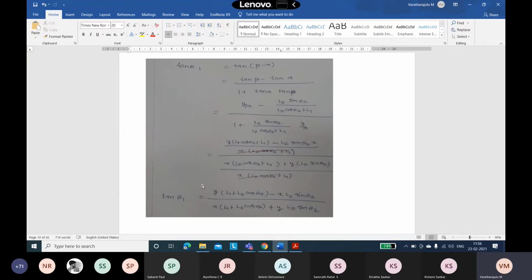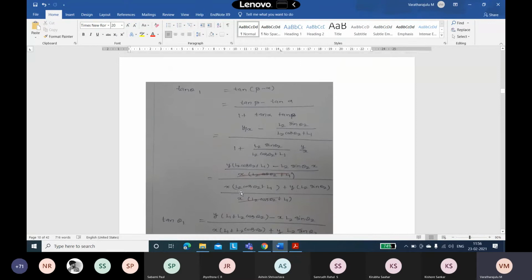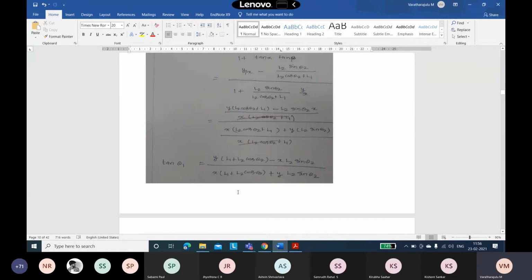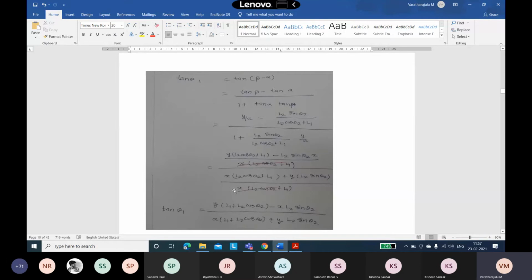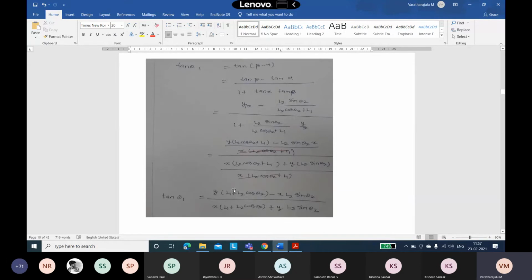For instance, take it as the data were given in joint space. We can convert those data into world space by using these formulas. Do you have any doubts with this derivation? Shall I move further? Yes, sir.